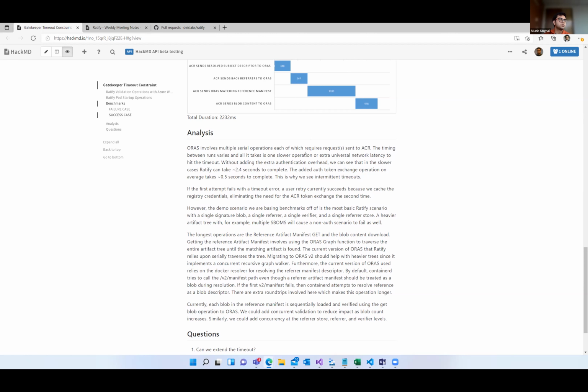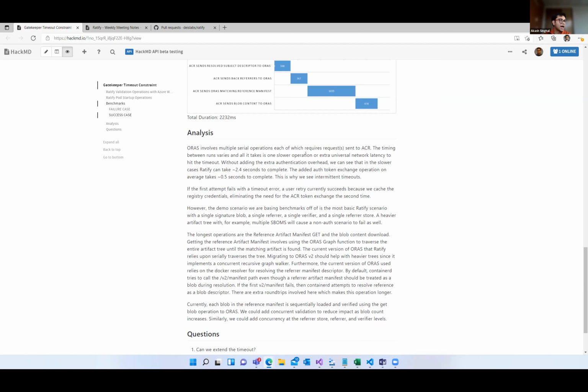The second thing with this ORAS implementation is that there's a known issue where, in order for the graph to walk at each level, we call an ORAS discover, and ORAS discover involves resolving each of the different referrers at each level. In order to resolve that descriptor, it uses Docker resolver, and Docker resolver uses containerd.